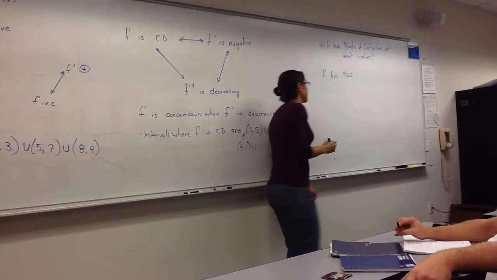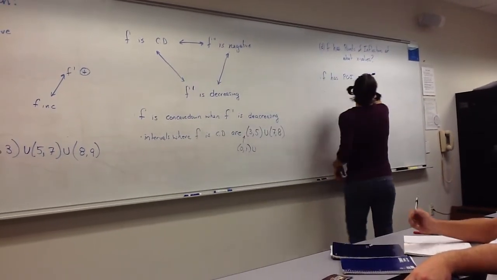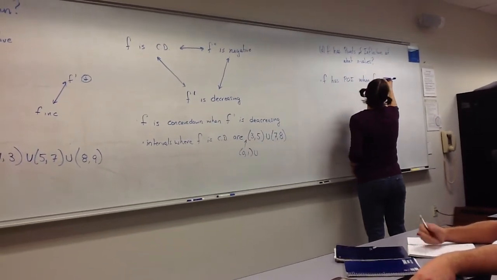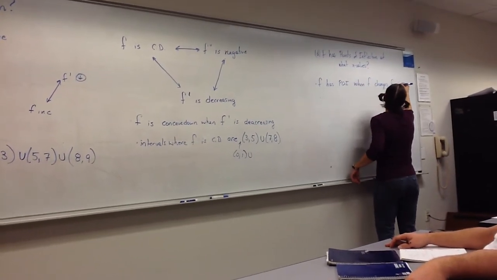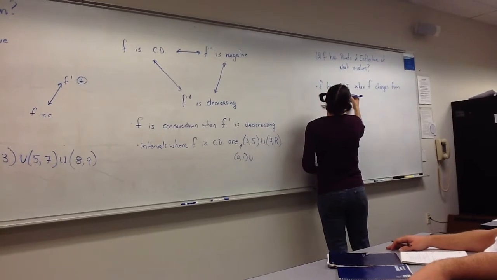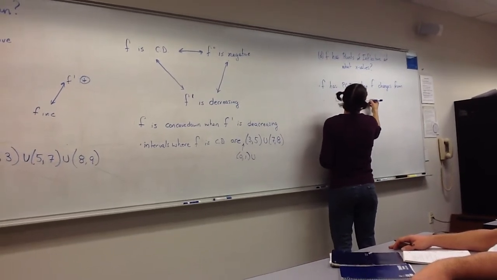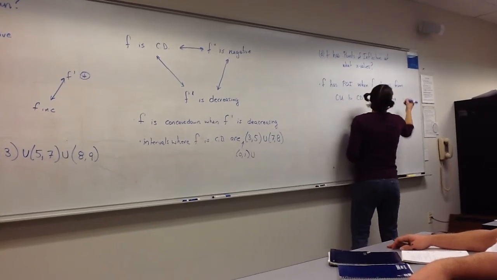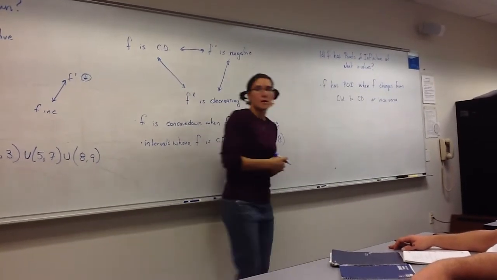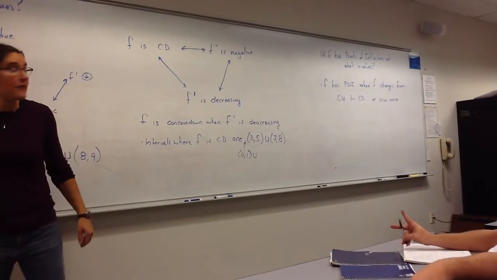Okay. So f has points of inflection. I'm going to shorten that to POI. When f changes from concave up to concave down, or vice versa. And how does that relate to f prime?